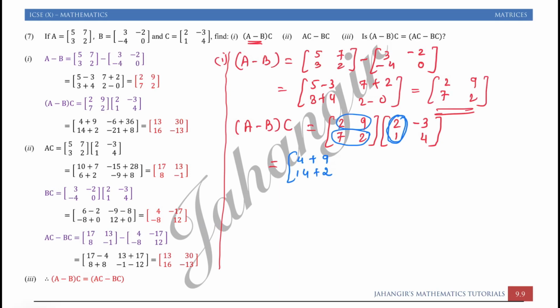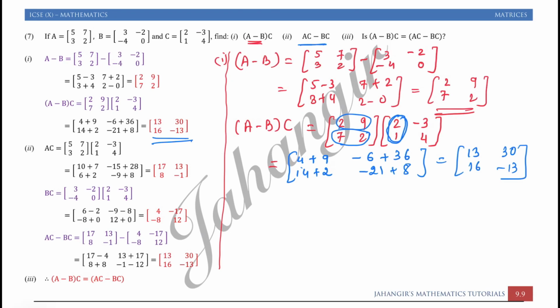Same way, 2 into minus 3 is minus 6 plus 9 fours are 36. 7 into minus 3 is minus 21 plus 4 twos are 8. So finally you can write by adding: 9 plus 4 is 13, 16, 30, then minus 21 plus 8 is minus 13. It's given here, so no need to worry about that.